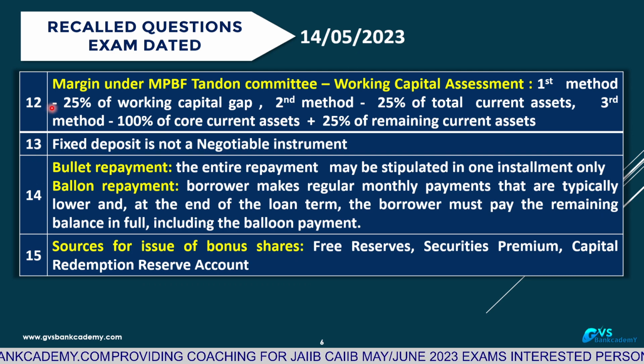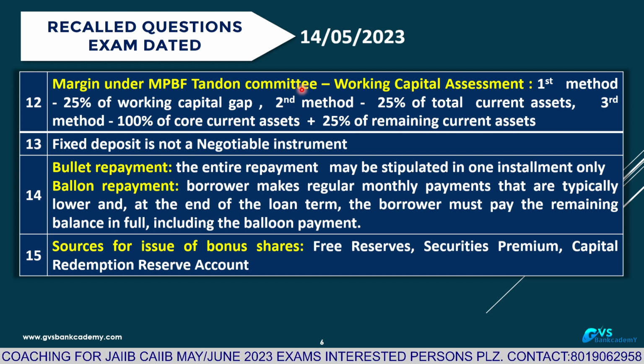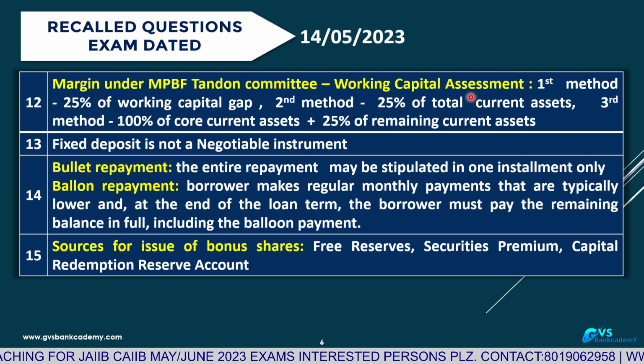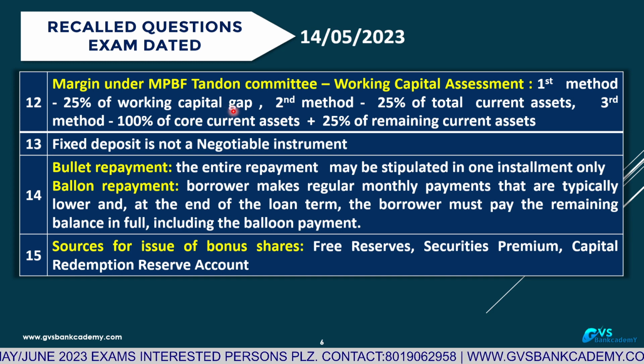Question number 12. Margin under MPBF, maximum permissible bank finance, under the Tandon Committee working capital assessment method. Tandon Committee is one of the old methods which all banks follow for working capital calculation, assessment and determination. Under the first method, the borrower's contribution margin is 25% of the working capital gap.